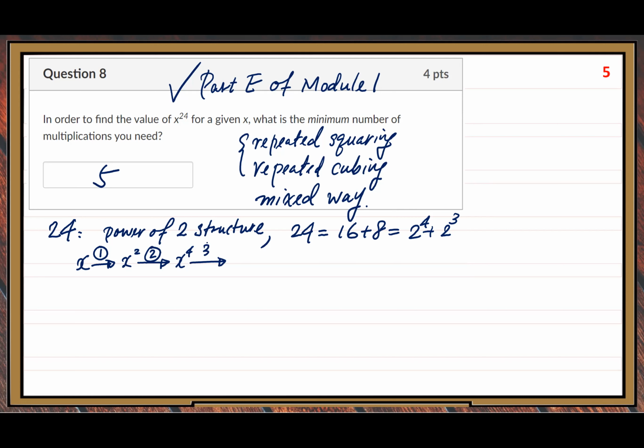The third multiplication, x to the 8th. The fourth multiplication, x to the 16th. So the cost we spent is 4 multiplications so far.